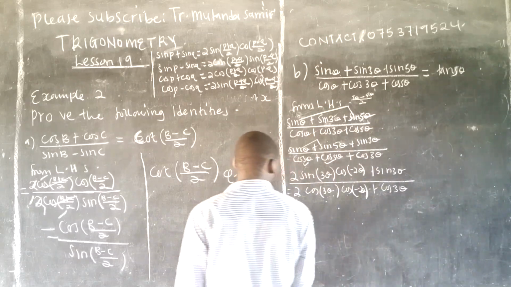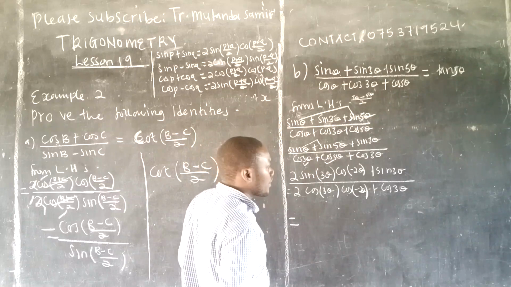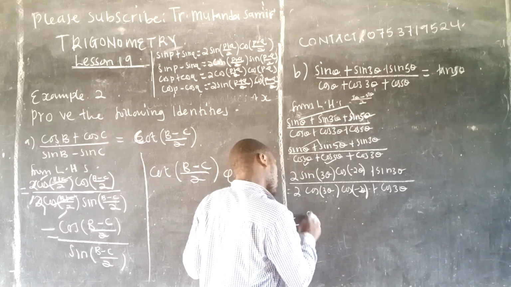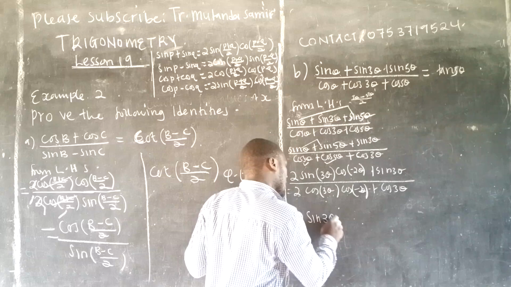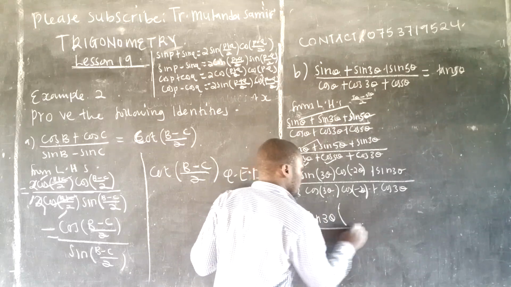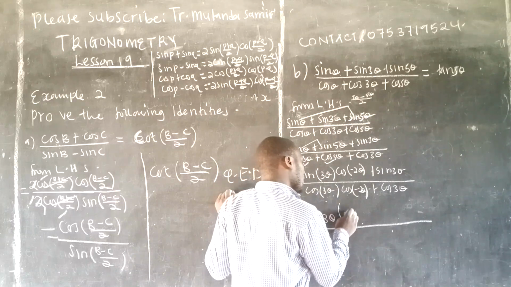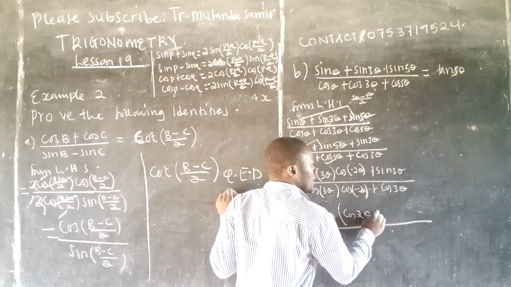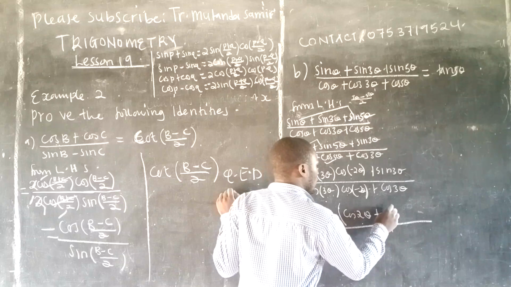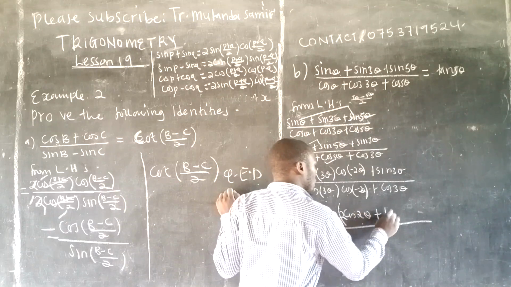Next, we factorize out the common factor. The common factor here is sin 3 theta. What are we going to have? We're going to have 2 cos 2 theta plus 1.